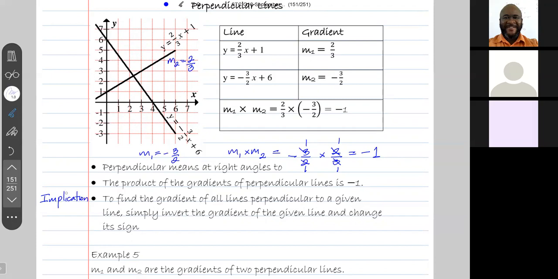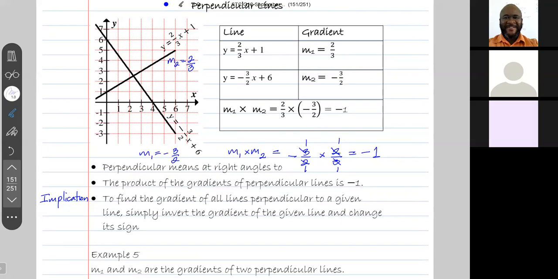The implication is this: to find the gradient of all lines perpendicular to a given line, simply invert the gradient of the given line and change its sign.